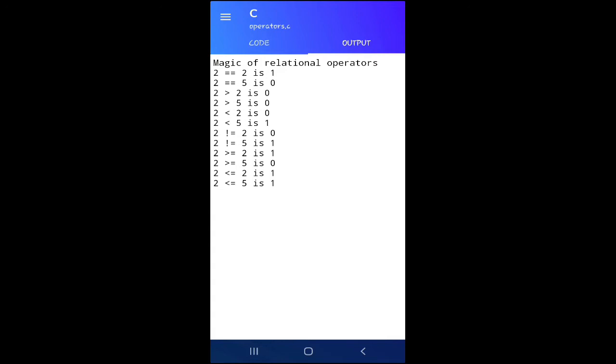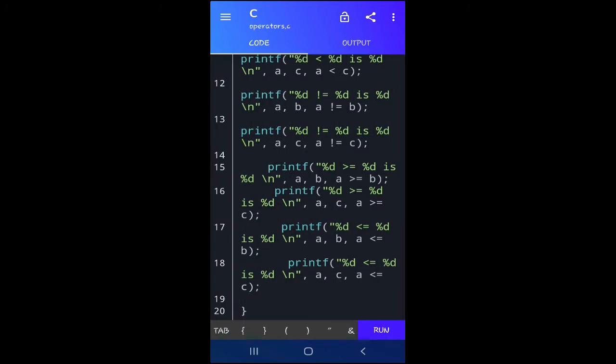And 2 not equal to 2, of course anybody can tell it is false, so we got 0. And 2 not equal to 5, yes, so we got 1. The same logic is repeated, and this is how our relational operators work.